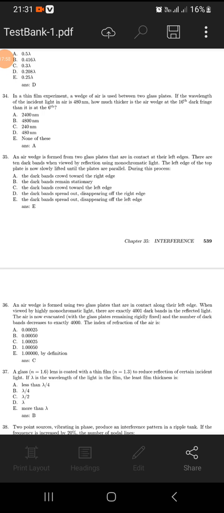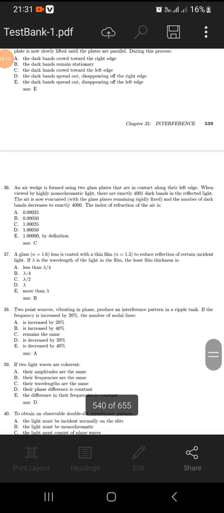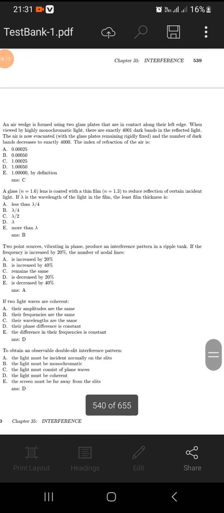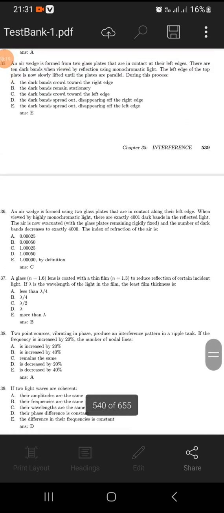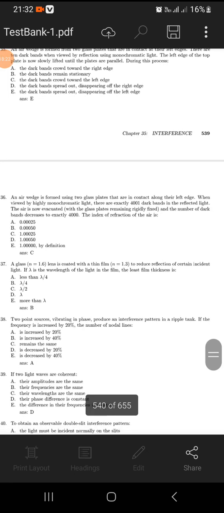Therefore, the dark bands spread out, disappearing off the left edge. This one here is an air wedge also, but now we're not going to choose 25, we're going to choose 1.0025.